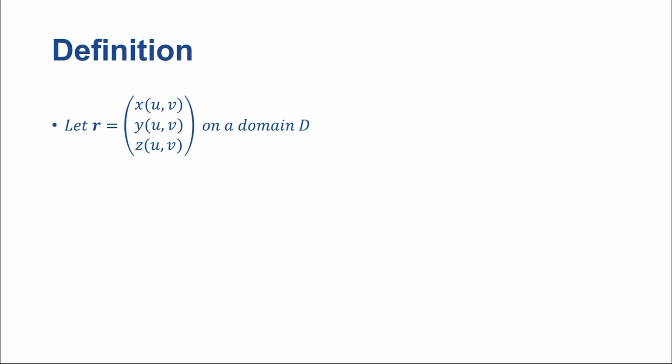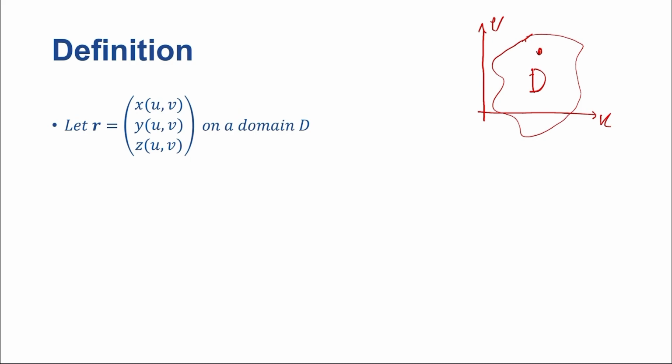What this means is that at each point in the domain D, this is my domain D, and this is the u-axis, and this is the v-axis, we take in some point and we have functions for x, y, and z.